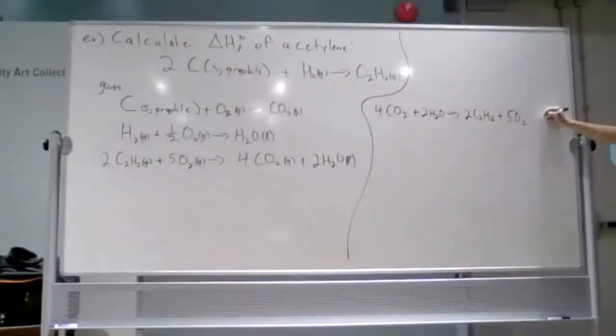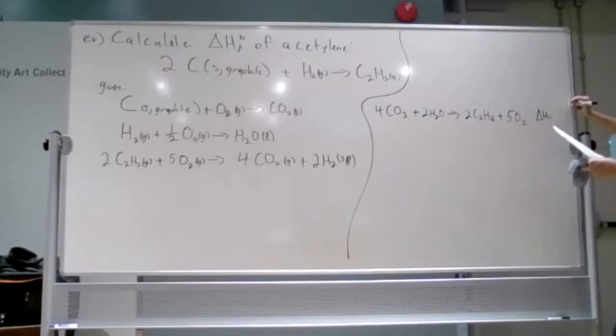Okay. What happens to delta H when we do that? Yeah, it becomes positive. So what's the value of it? 2,598.8 kilojoules per mole.